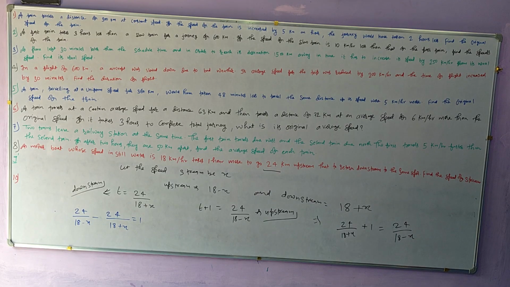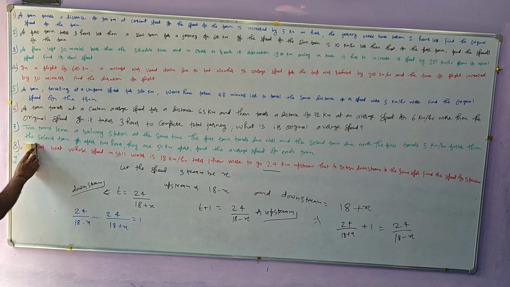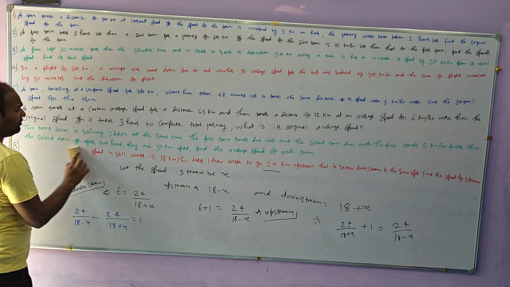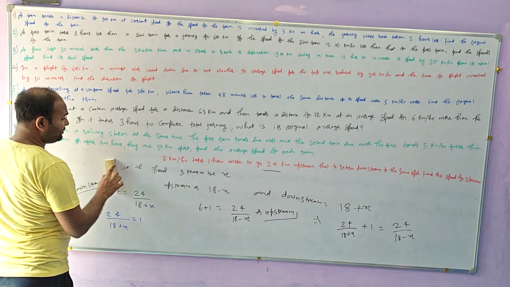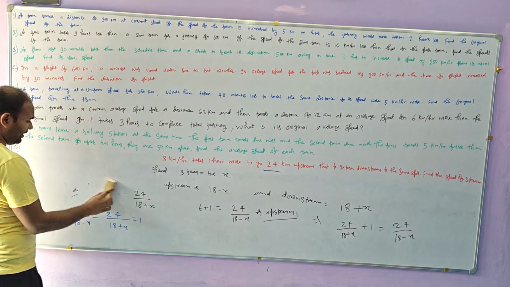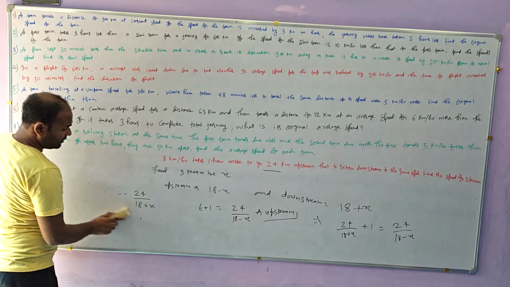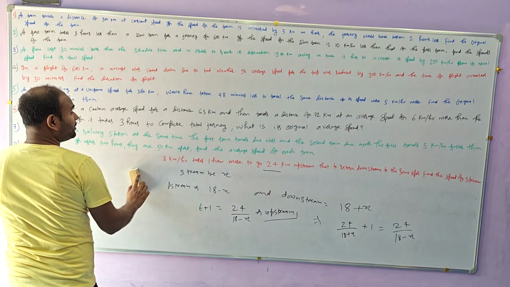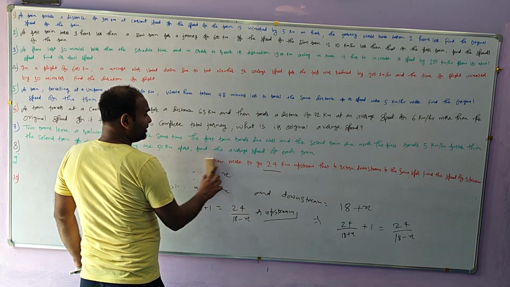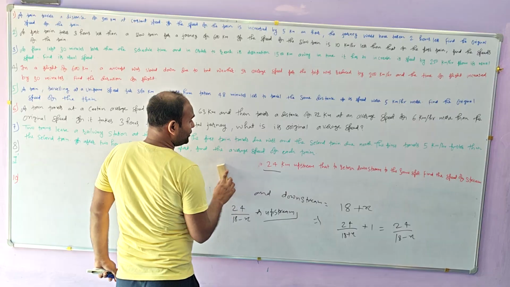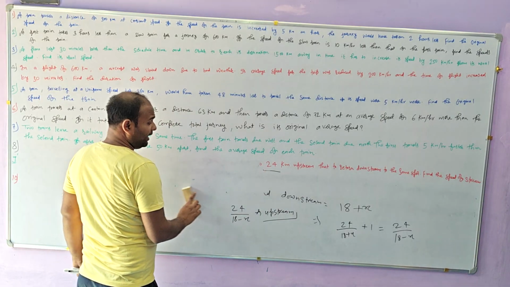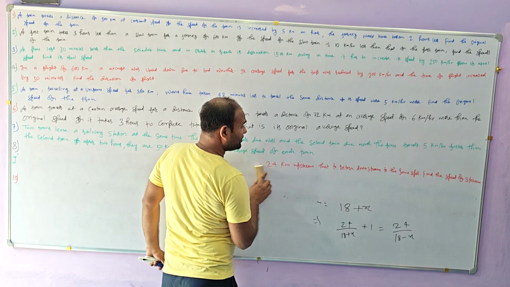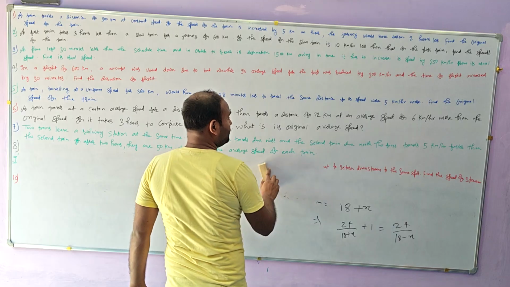Now in another question, two trains leave a railway station at the same time. The first train travels due west, and the second train due north.